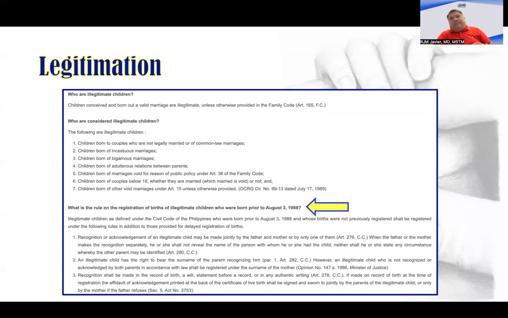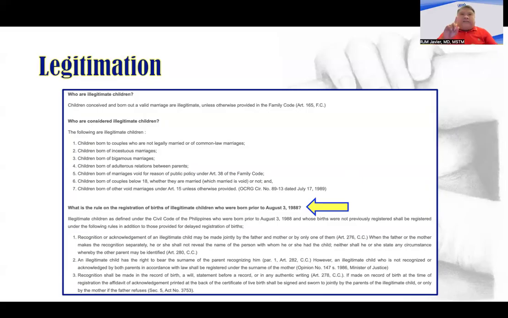Ibig sabihin ng bigamy and adultery, when the parents deliver the baby, either parent would not have the legal ability na magpakasal. For example, girl number one and boy number one got married. They separated, but their marriage is still valid. Then boy number two comes to the picture. And boy number two and girl number one started to have a sexual relationship and they have a baby.